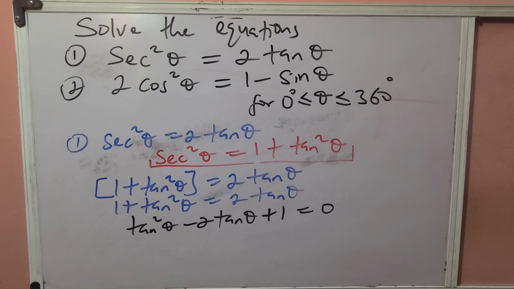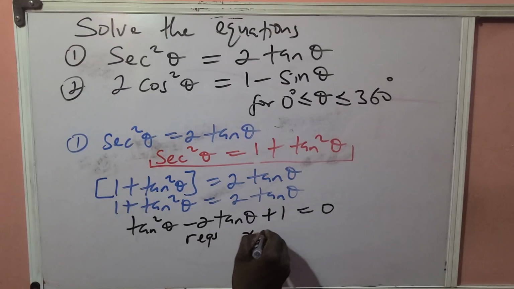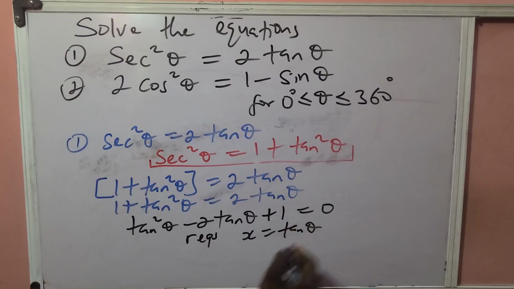Now, if you can look very carefully, you would see that this looks very much like a quadratic equation. Let's represent x as tan theta, so you will be able to see what I'm saying more clearly.